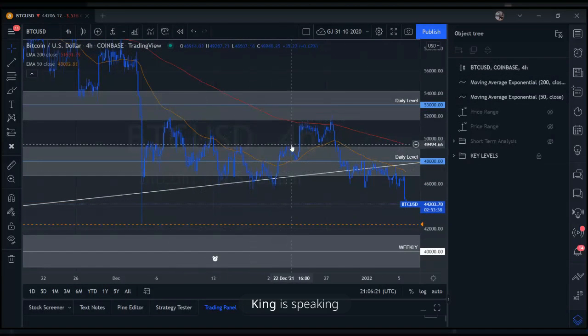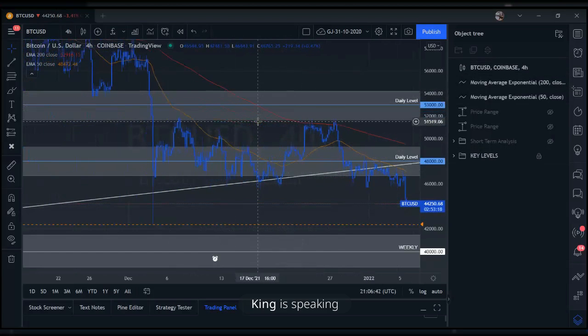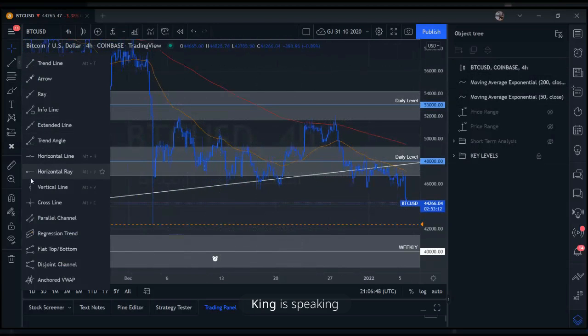Once it got back above it, it was then the 200 EMA's turn to be tested to see if sellers were going to react at this level. We came up into this zone of the daily level, didn't fully trade into it, but the zone and a previous high is what was capping price.